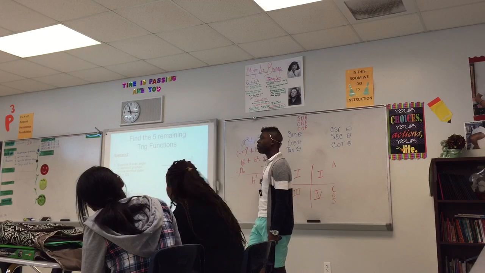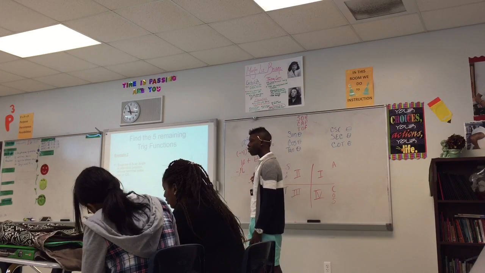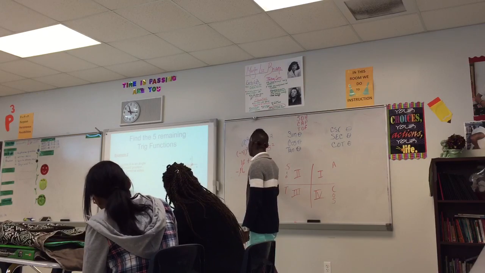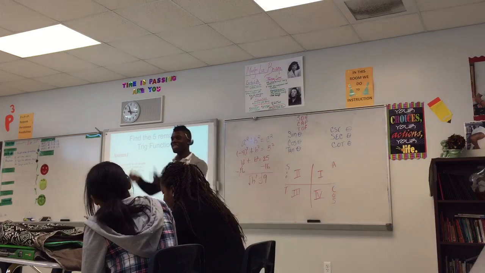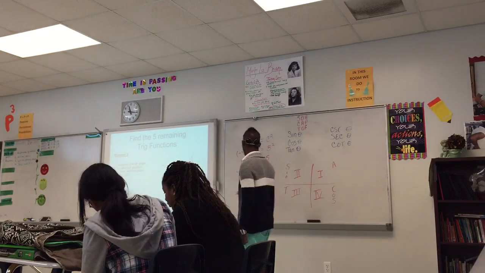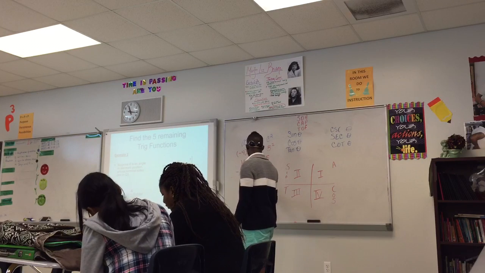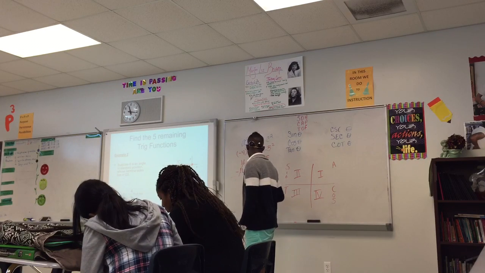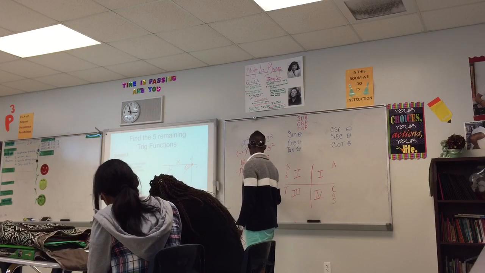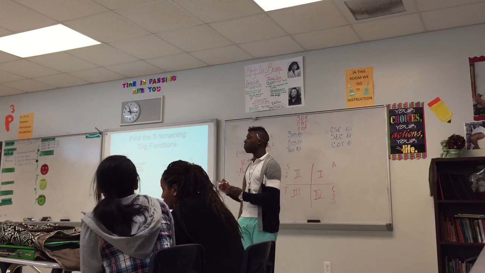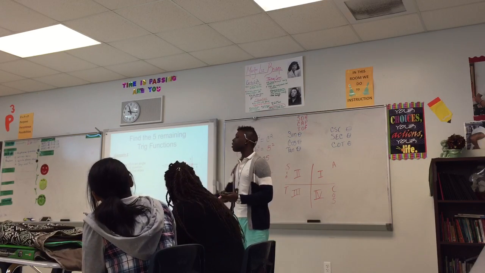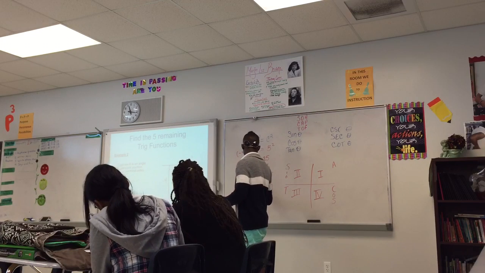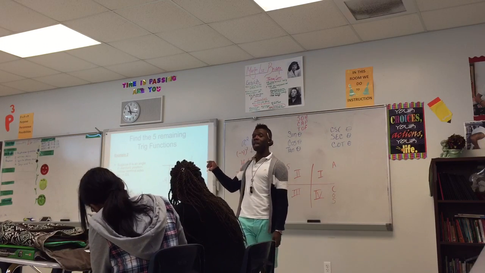What do we do? We square root. Can we do it again? B equals 3. But what did I say before? Plus or minus 3. Perfect. So plus or minus 3.